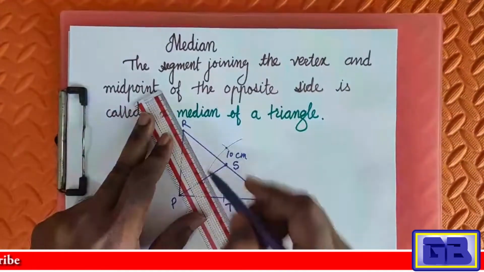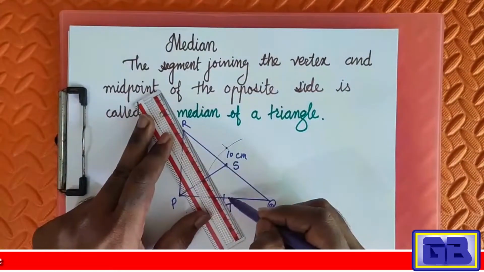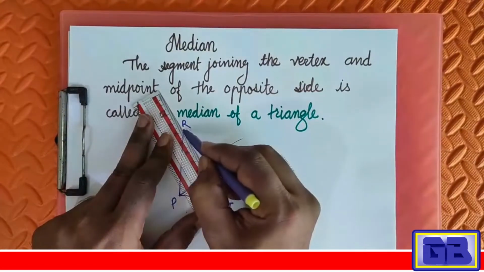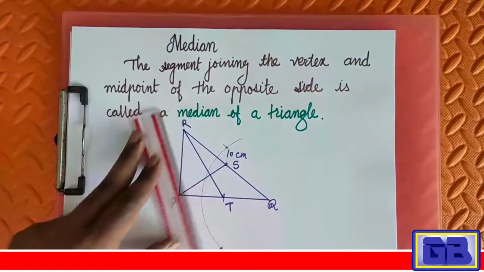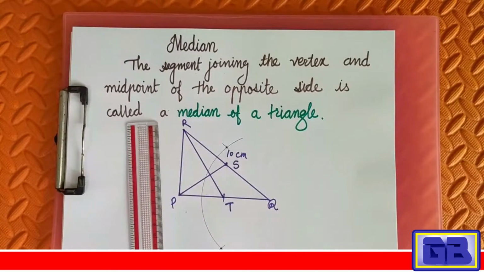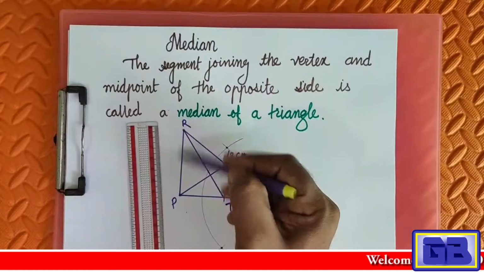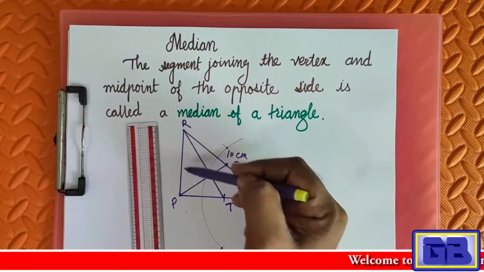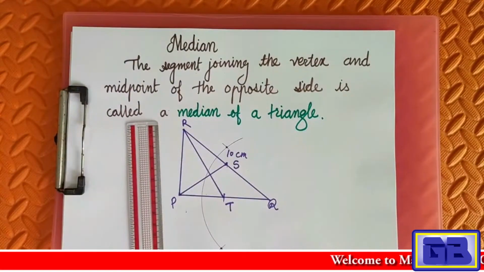Therefore I'm joining this point R and T. So we got the second median from vertex R to side PQ.